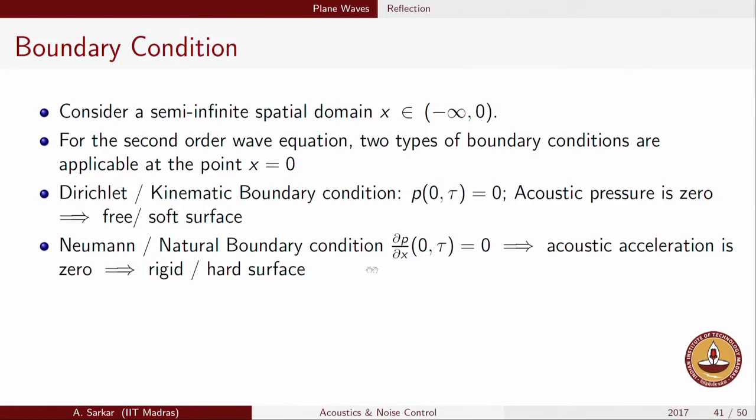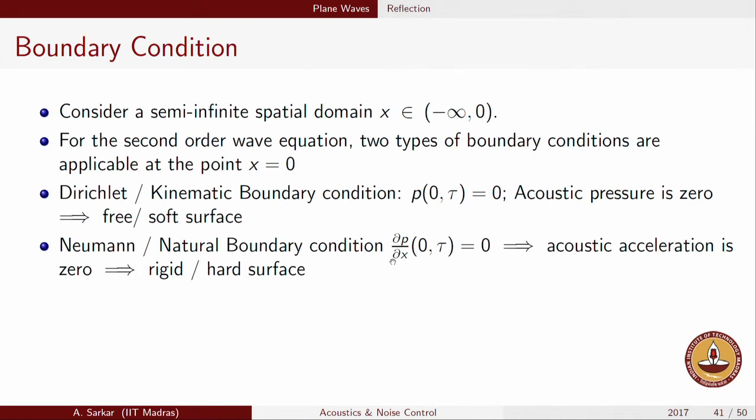So this boundary is a rigid boundary or a hard surface boundary. It is complementary to the other boundary condition, the soft surface boundary, whereas the Neumann boundary condition is applicable for a rigid or hard surface. And this is exactly what we will encounter in very many practical applications.